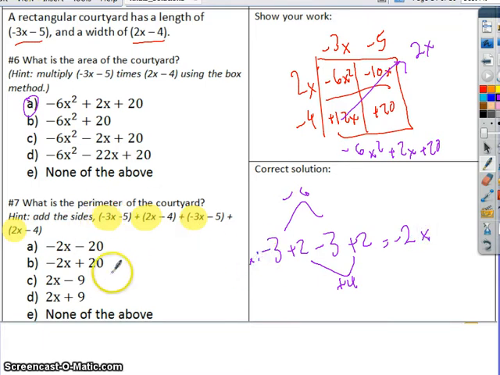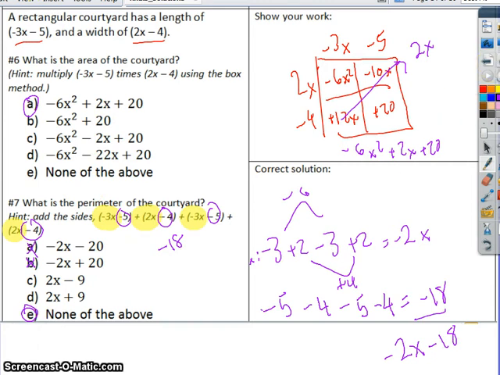I'm adding them together here. So I've got 2x, so I can cross those two out, and let's see, negative 5, negative 4, negative 5, and negative 4 make negative 18. And so this is not negative 18, and so the answer is E, none of the above. And I got that by adding the x's separately from the numbers. All right, if you're following along, then pause here.